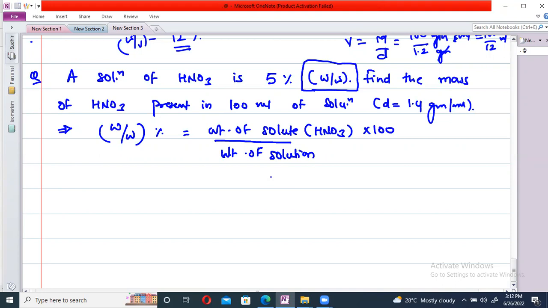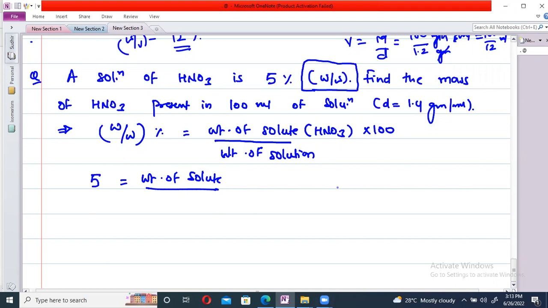W by W percentage, we can say it is 5%. It is equal to the weight of solute, that is the weight of HNO3 we want, by the weight of solution we want. Weight of solution I want.